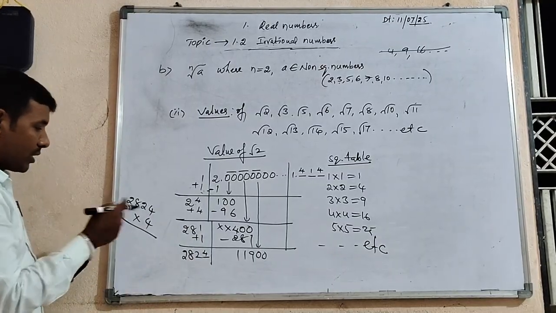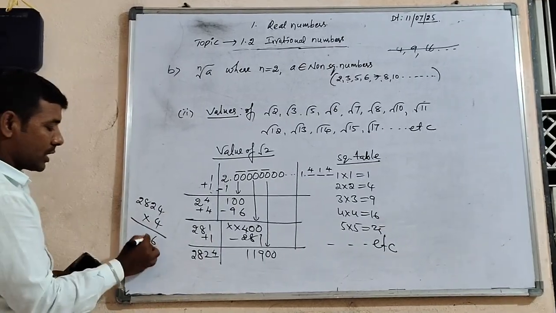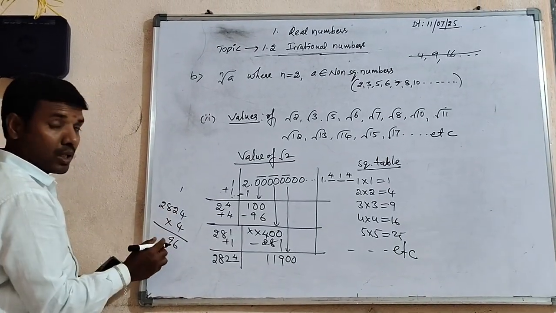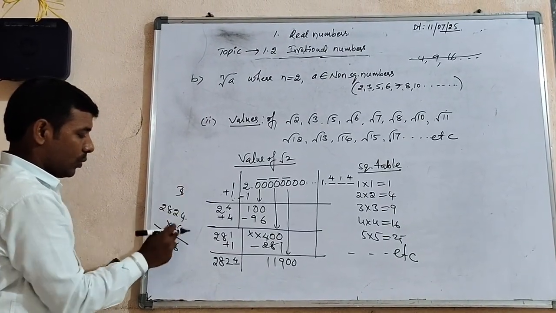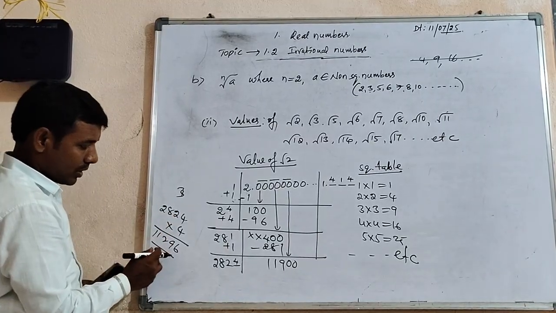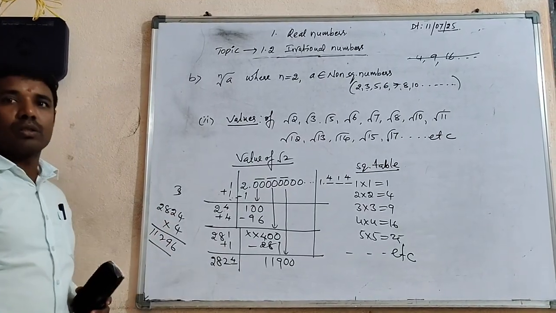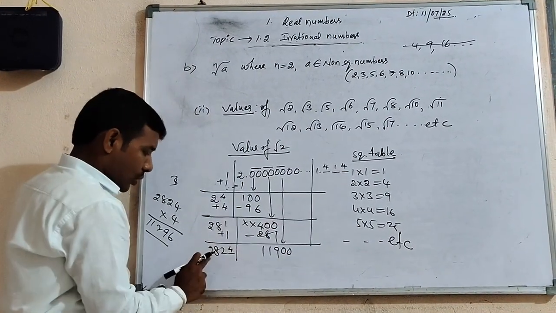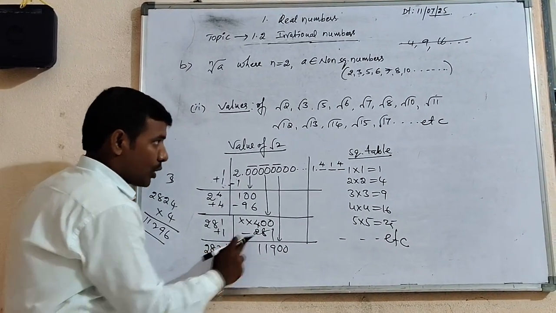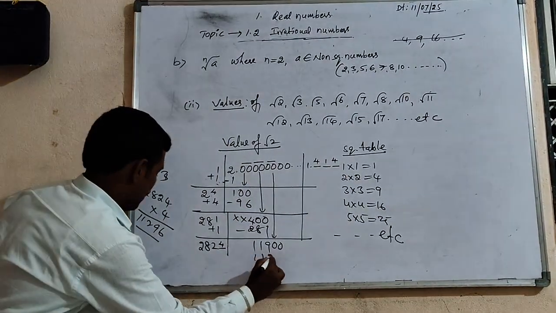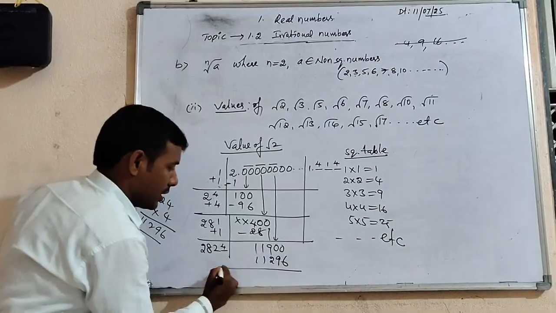Nearest we are expecting. 4 4s are 16, 1 carry. 4 2s are 8 plus 1 is 9. 4 8s are 32, 3. 4 2s are 8, 8 plus 3 is 11. So what about this? Yes, it is very near to that. So 4 is a sufficient figure. So 2824 4s, what is the figure? 11,296. Next minus.